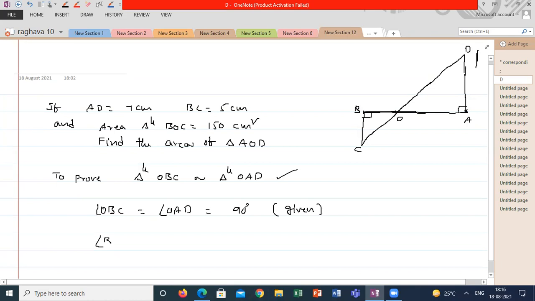And angle BOC is equal to angle DOA. What is the reason here? Students, please. BOC and DOA are equal because they are vertically opposite angles.